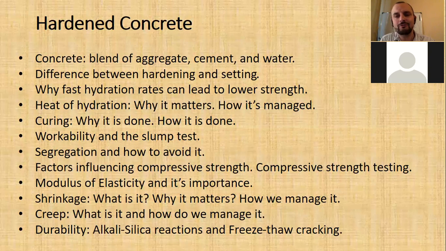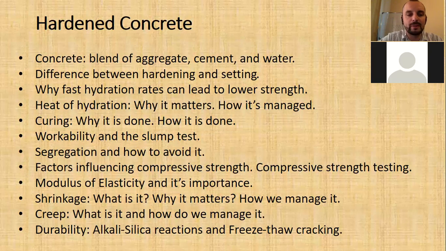So concrete is a little bit more for those who like chemistry, although I try to keep as much chemistry out of this module as possible. Curing, what's that? Well, that's about keeping the concrete wet, so that water will not evaporate out of the set solid concrete. It will stay inside, so it will react with the cement.